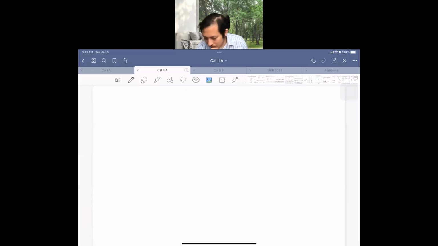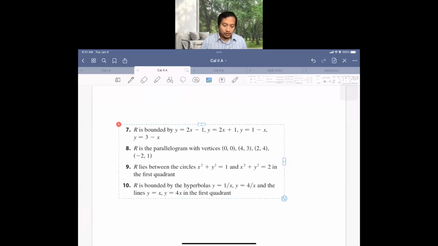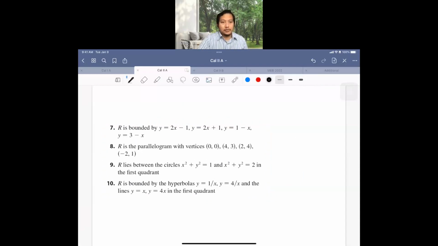Okay, let me go through some examples for this one. These questions. The question is just, sketch the image, I think. So a region R in the xy plane is given.